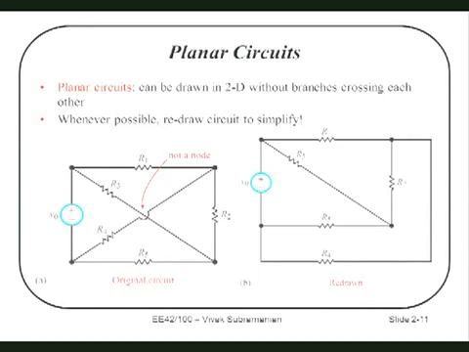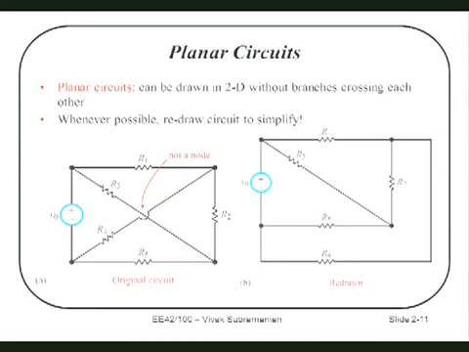So for example, this is a circuit. It looks like branches are crossing each other. But it turns out, of course, I can redraw it such that it is planar and does not have any branches crossing each other. Think about it. R4 is connected from the negative of the source to the node between R1 and R2.